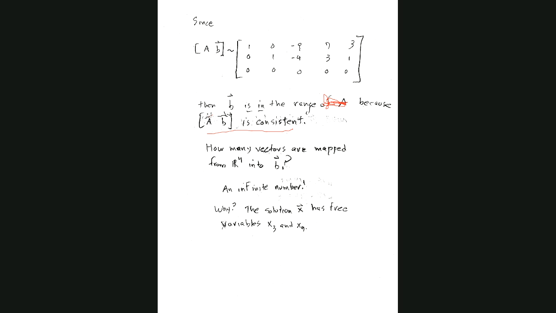I know that B is in the range of A because we have a consistent system, and so there are vectors x that will map into the vector B. As a matter of fact, there's going to be an infinite number of vectors that get mapped into B. This is the kind of thinking that's going to go on with the section 1.8 questions.